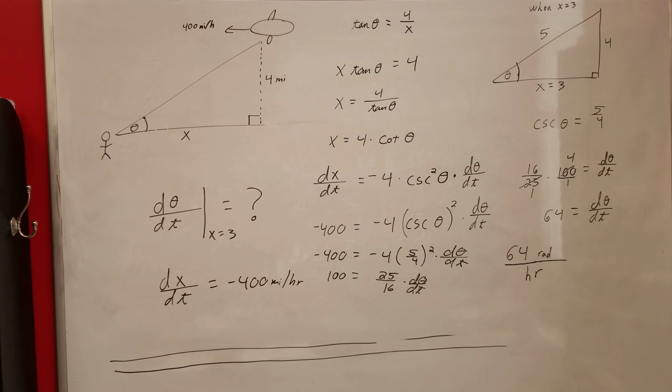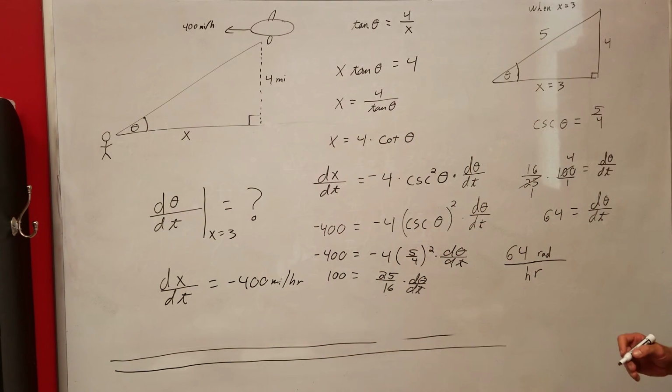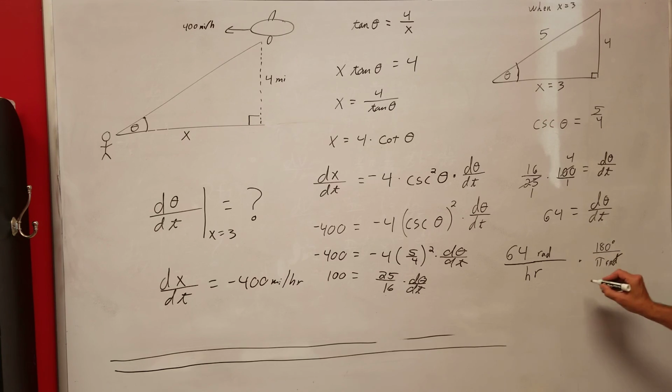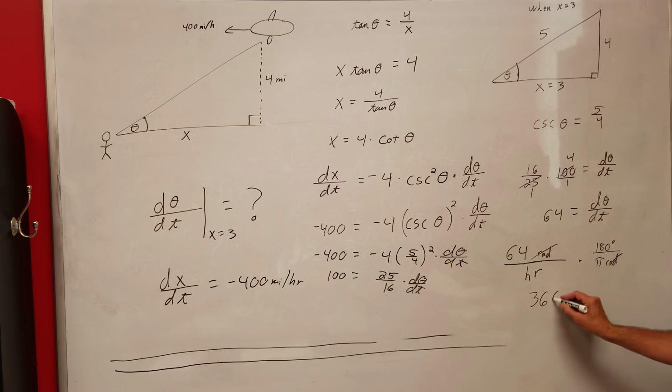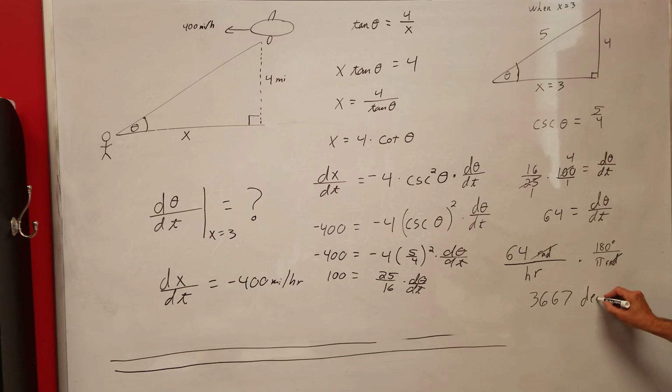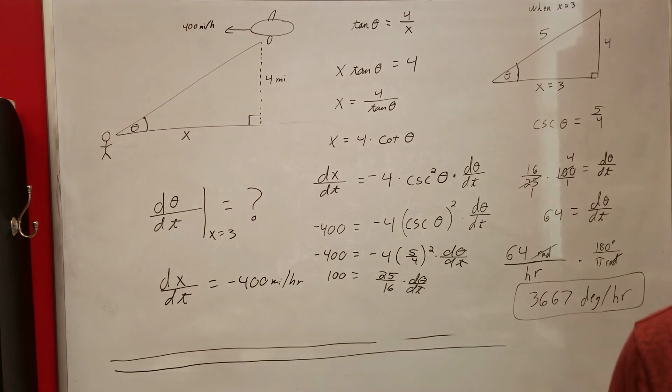They want the answer rounded to the nearest degree per hour. I have radians per hour, so I need to convert that to degrees per hour. So what am I going to multiply by? 180 degrees over pi radians. And think about it, you're going to have degrees per hour. If you round to the nearest one, you get 3667 degrees per hour. There we go. Good luck.